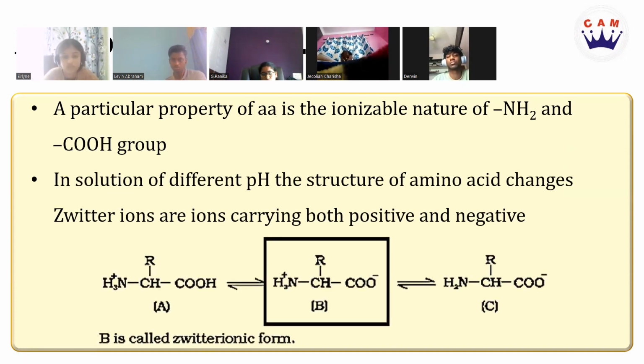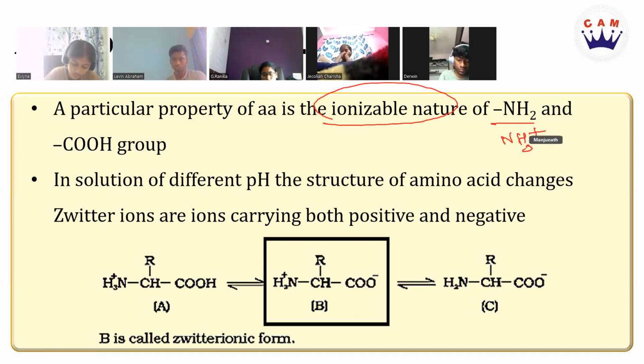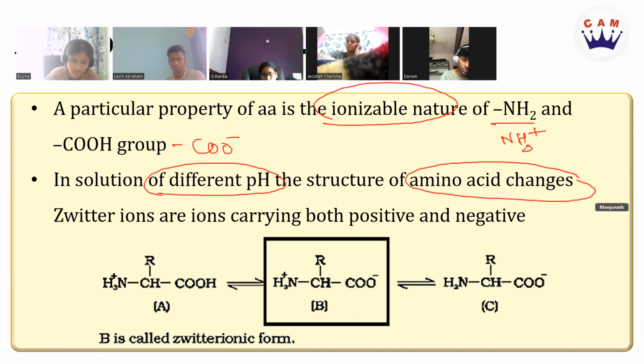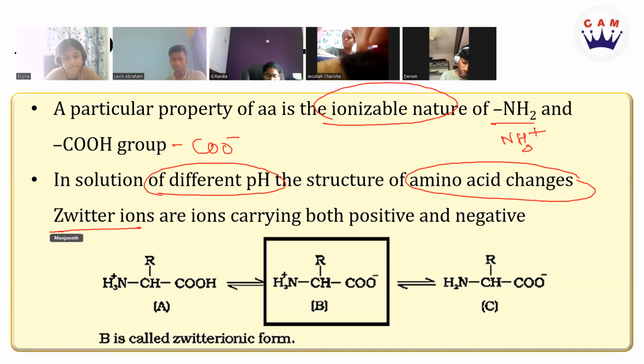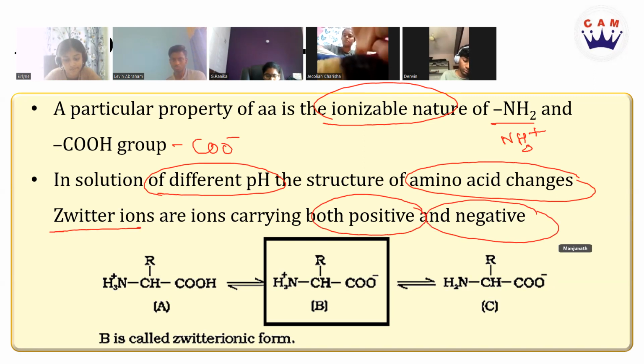Yeah, look here. So the particular property is the ionizable nature of NH2 to become NH3 plus and carboxylic acid to become COO minus. In solutions at different pH, the structure of the amino acid changes. It will not remain the same. Therefore, zwitterions are those which have both positive charge and negative charge, which neutralize each other.